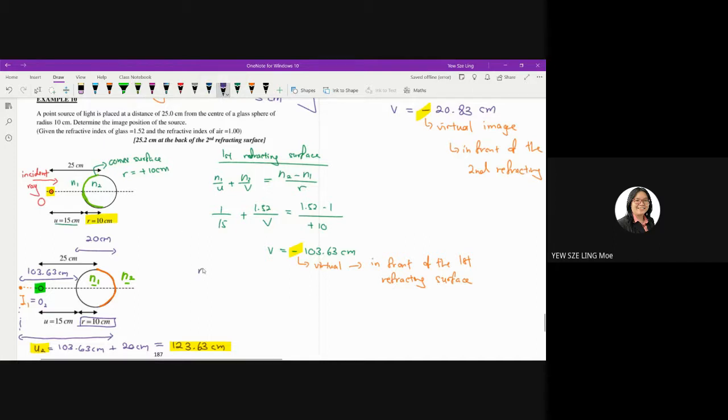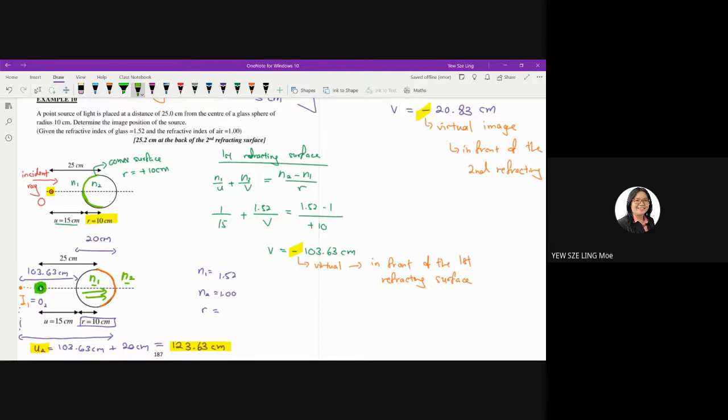So my N1 equals the glass, which is 1.52, N2 is 1.00. And for R, if you look at the diagram, my original object is on the left-hand side, so I'm still going to assume the incident light ray is traveling from the left-hand side because of the original object here.